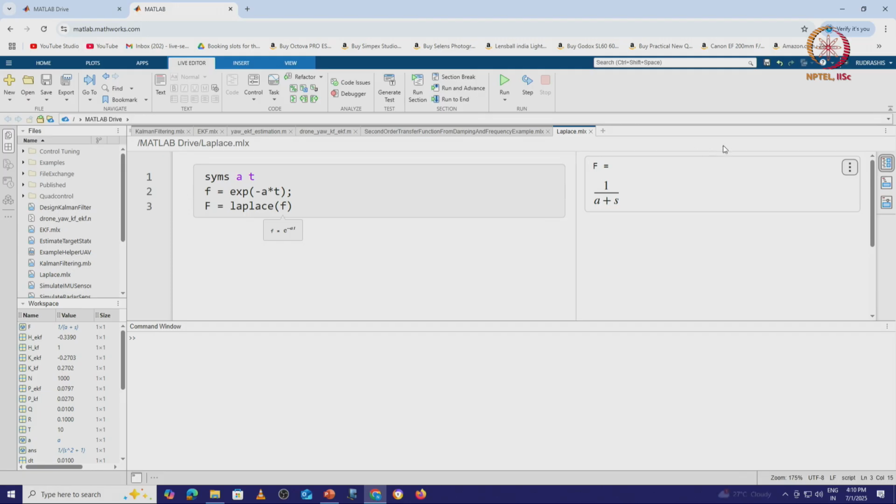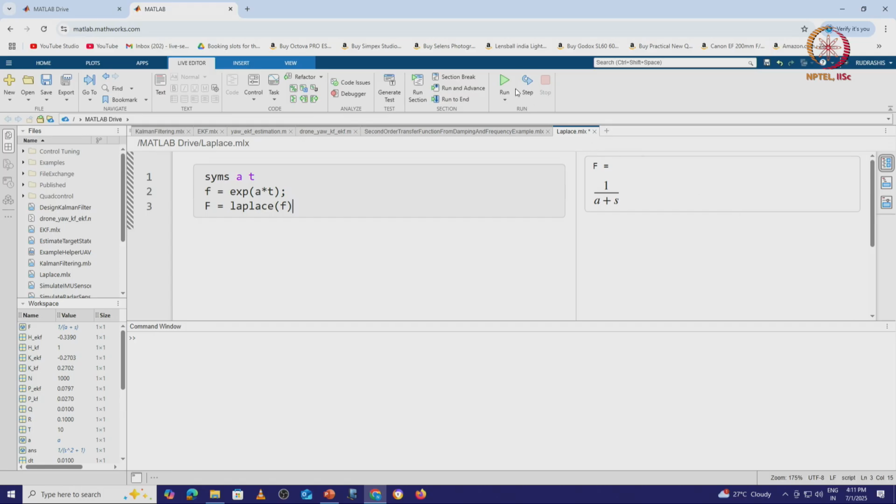Now when we have this one, after that what we can do, we can use this particular Laplace function to find out different Laplace transformations of different functions, right? So just to show you what happens when it becomes e to the power at, f equal to e to the power at, right?